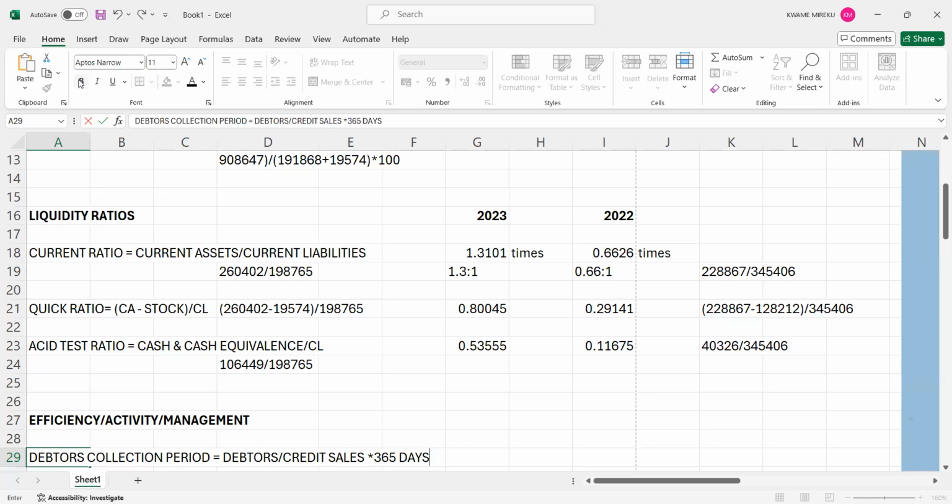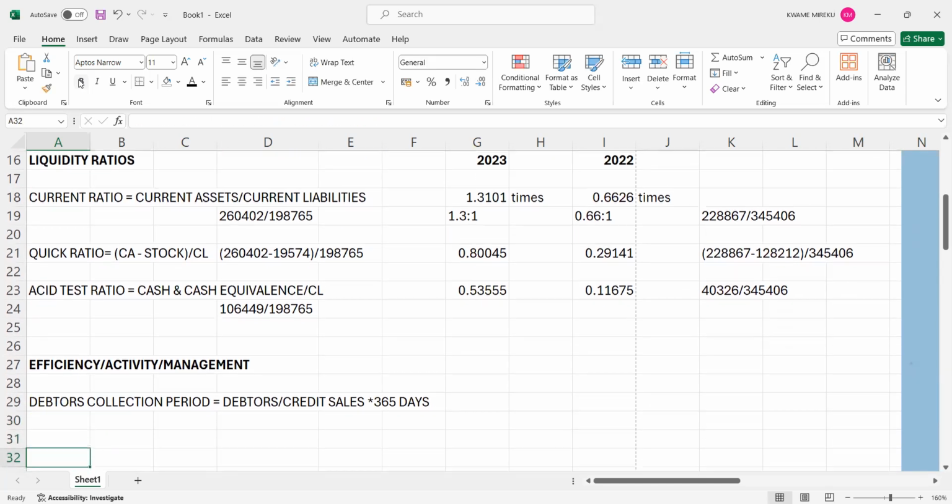In business, definitely at one point in time, you may sell on credit. We want to know if you are able, as a firm, to collect your debts as and when they fall due.